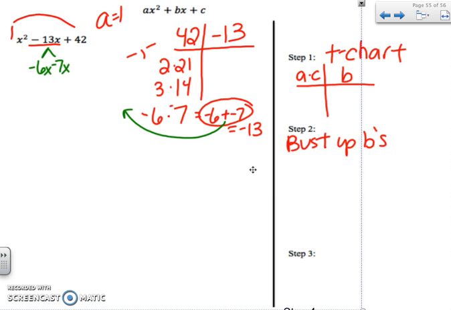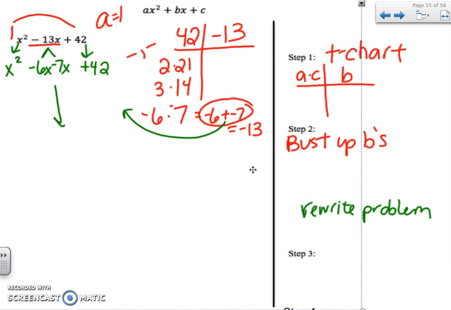Step 3, you're going to rewrite. Let's rewrite the problem. So again, you're going to bring down your first term, and you're going to bring down the last term, first and last term. Again, I always rewrite the problem down here so I've got more room.